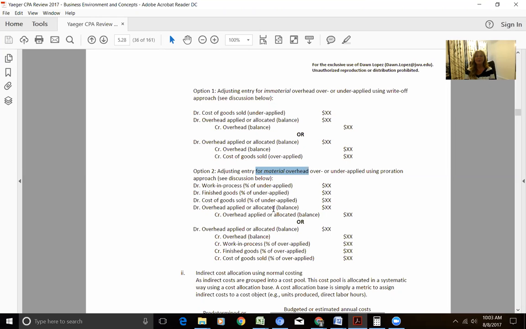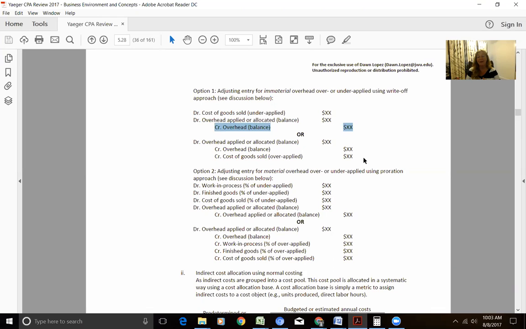So the easy one first, right? If it's immaterial, meaning it wouldn't make a difference to someone who's making decisions after reviewing the financial statements, what we're going to do is, in essence, write it off. We're just going to charge it to cost of goods sold. So if we've got a debit balance in our overhead account, we're going to zero it out by putting a credit.